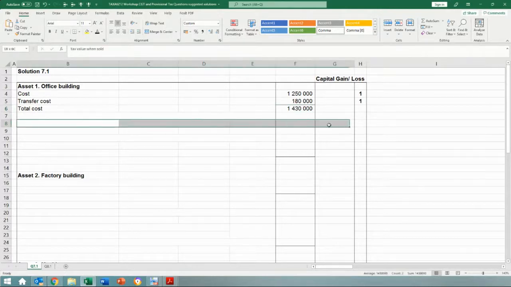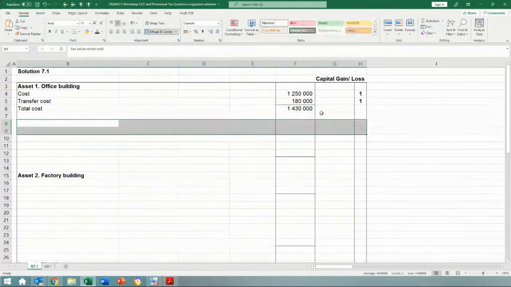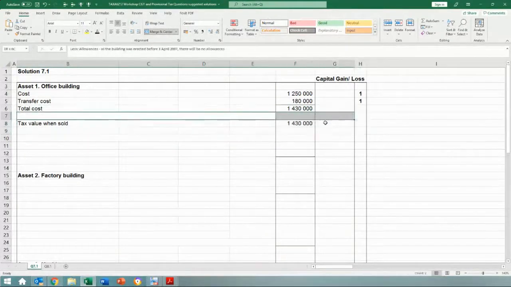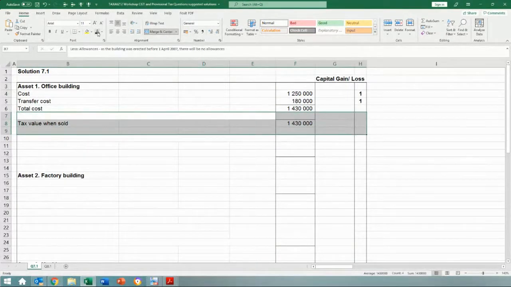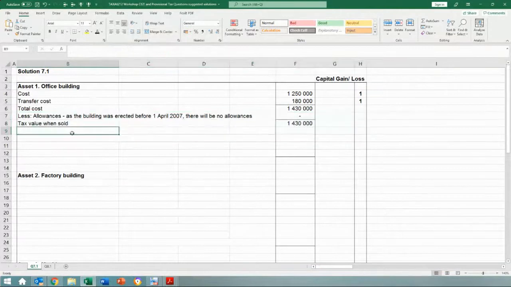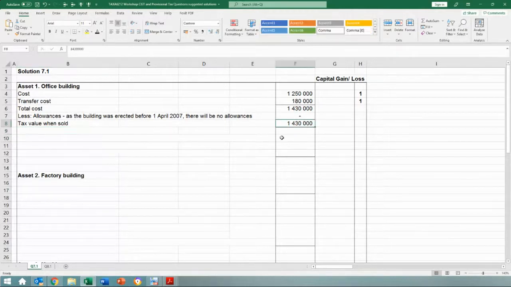Now what I said is based on the information that we had, there wasn't any allowances because of when this building was erected, so there wouldn't have been allowances, so the tax value when it was sold is still the same amount.